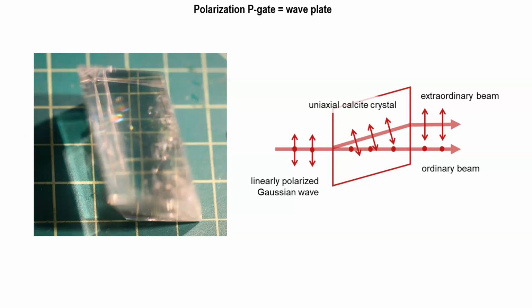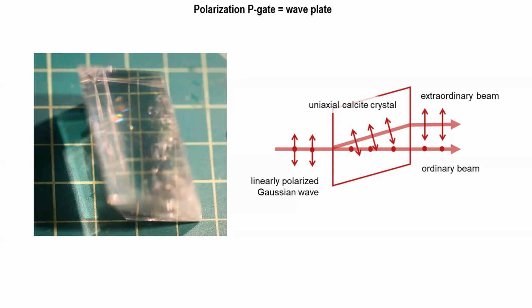If we have one photon which is polarized arbitrarily in the plane, it can have the vertical polarization, it can have the horizontal polarization, but we must consider the superposition of them. One probability amplitude of the photon propagates through the crystal as an ordinary photon.